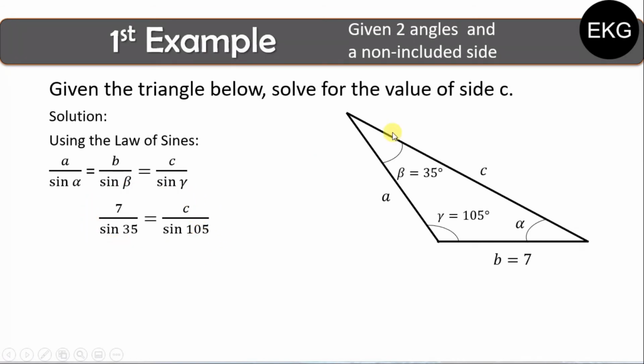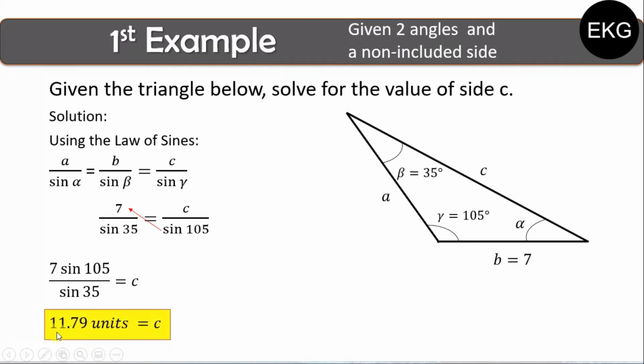Now, to solve for side C, which is yun yung hinahanap sa problem, okay, we just cross-multiply itong sine 105. Nasa ilalim ng C, pag i-cross-multiply natin, pupunta siya sa ibabaw. Okay? So, magiging 7 times sine 105 over sine 35 is equal to C. And therefore, pag kinalculate natin yan using your calculator, ito yung lalabas na value, 11.79 units.